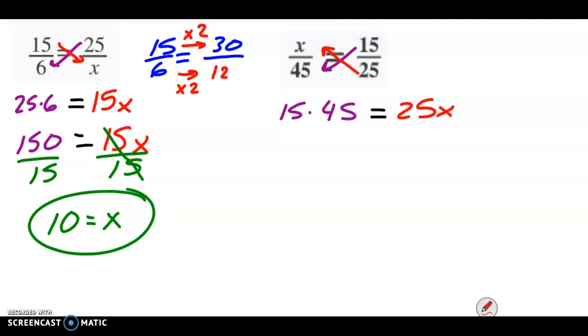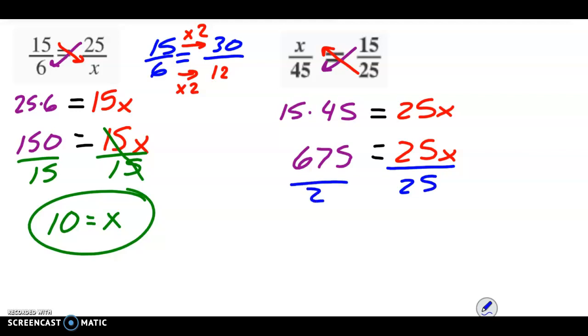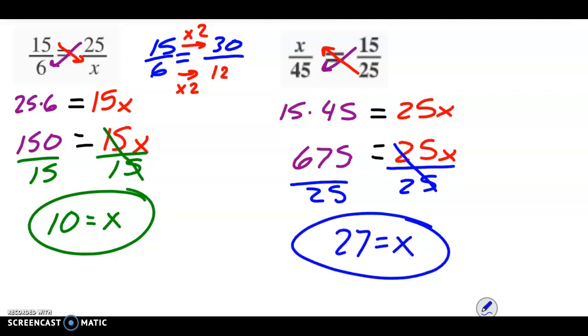So that 15 times 45 is going to be 675. That has to equal 25x. So then all I need to do with the one step is divide by 25. And I will end up getting 27. So I end up with 27 as my x, and that will make that proportion true.